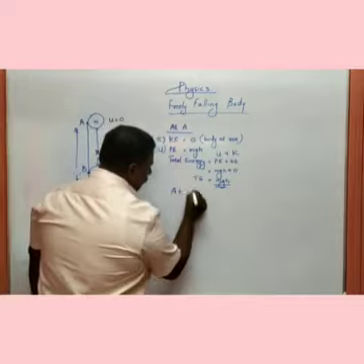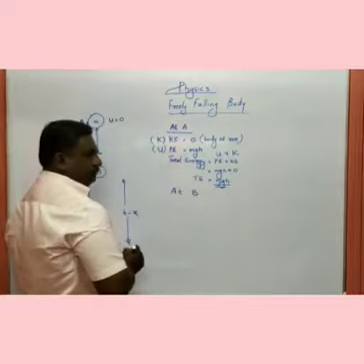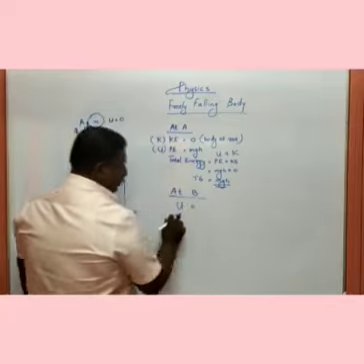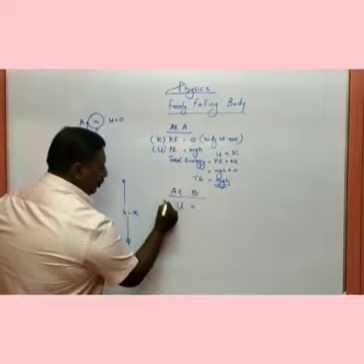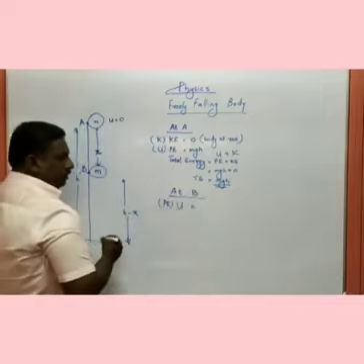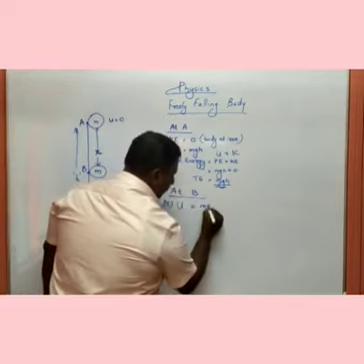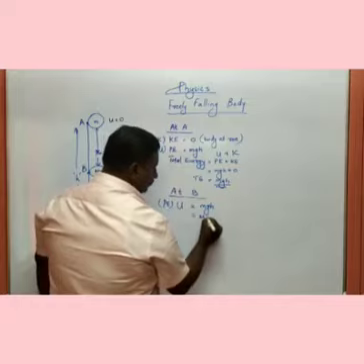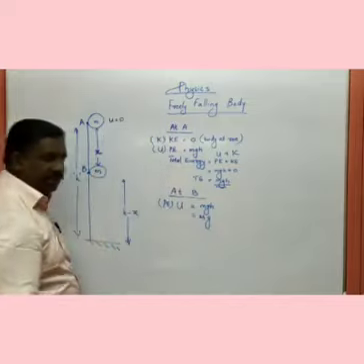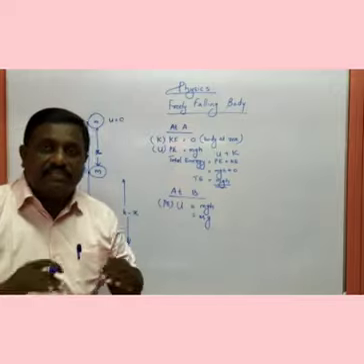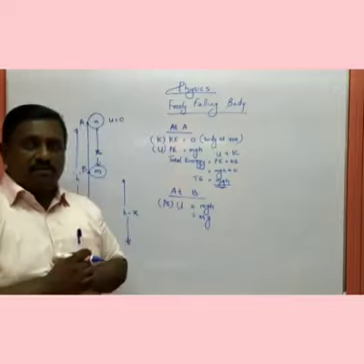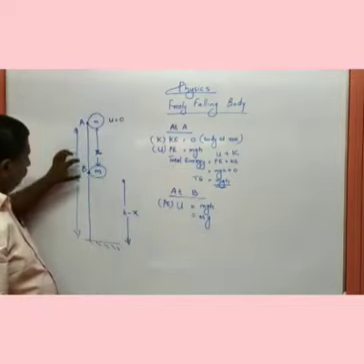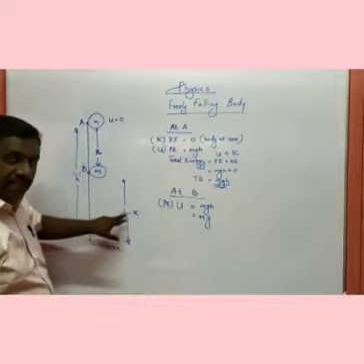So at B, we have to calculate the gravitational potential energy U, or you can write P, no problem at all. That is equal to the equation we know, mgh. Here m is the mass, g is the acceleration due to gravity, h means the height from the ground level. Now the point is B, so the height will be h minus x.